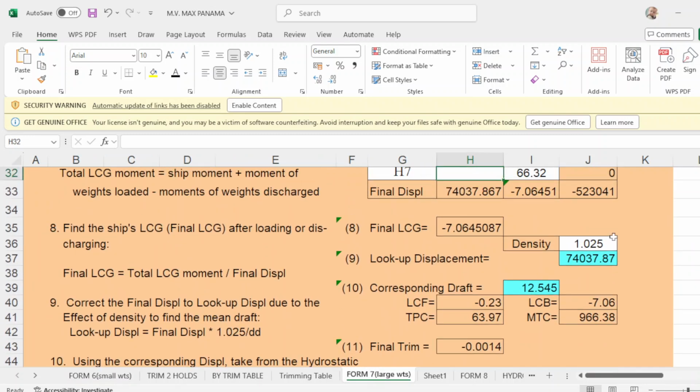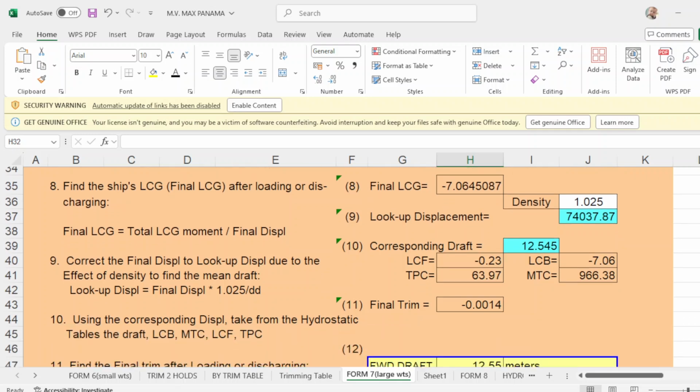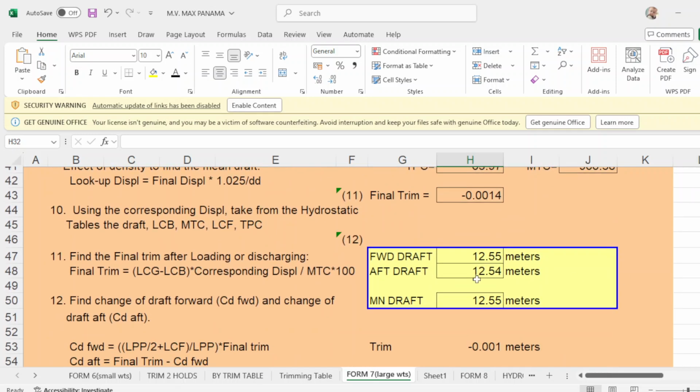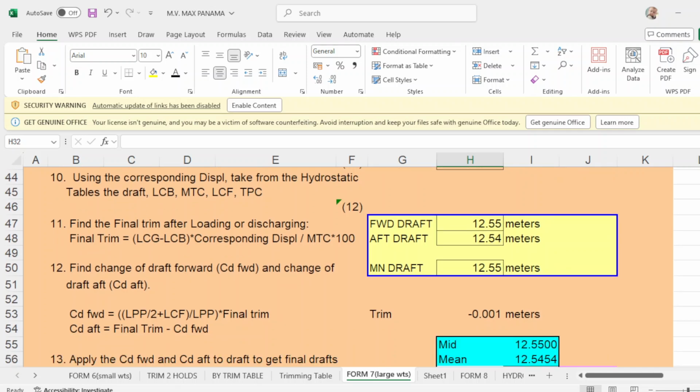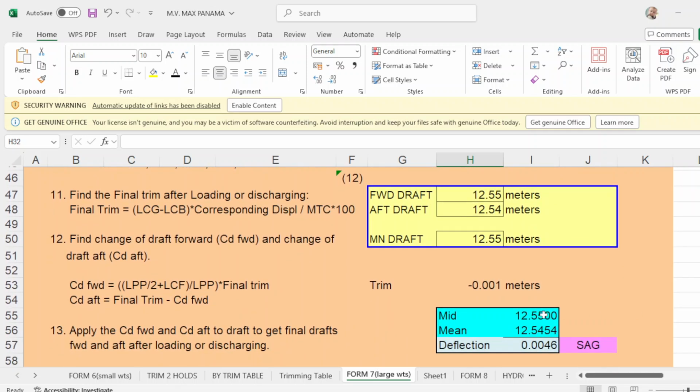You already input your density 1.025, and this will be your main drop of 12.54 or 12.55 to be rounded off, and this is now your departure drop. Forward is 12.55, up drop is 12.54, your main drop is 12.55, your trim is 0, so this is almost the same with, and your deflection is 0. Okay, 0, 0.